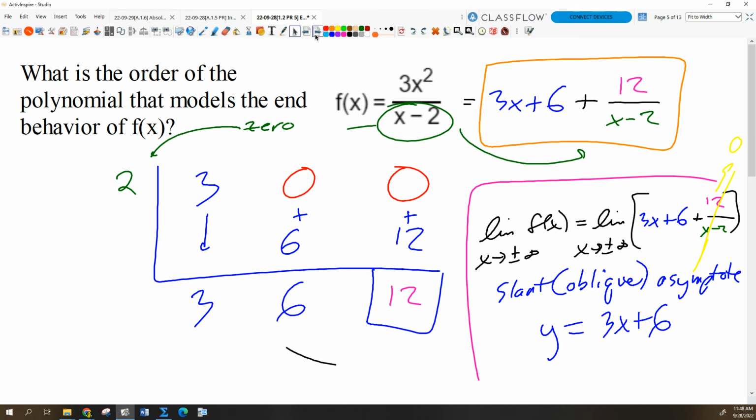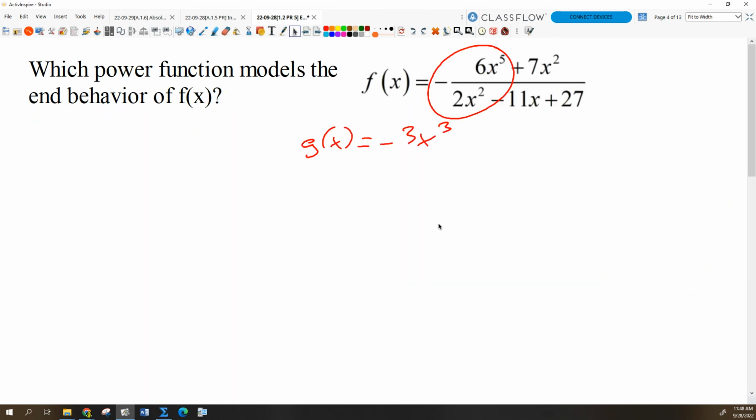Am I going to get a slant asymptote there? You're right. How come? What's the difference? Well, it is, but that's not why.